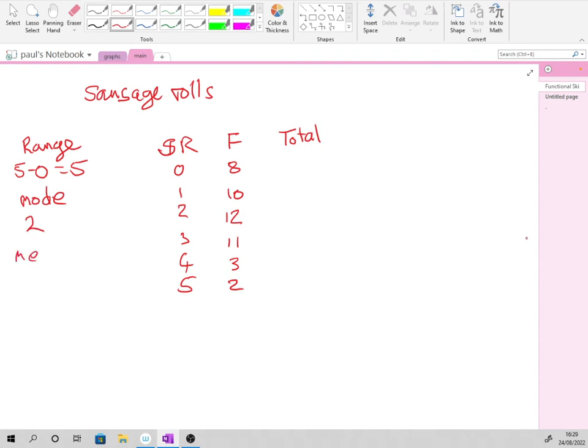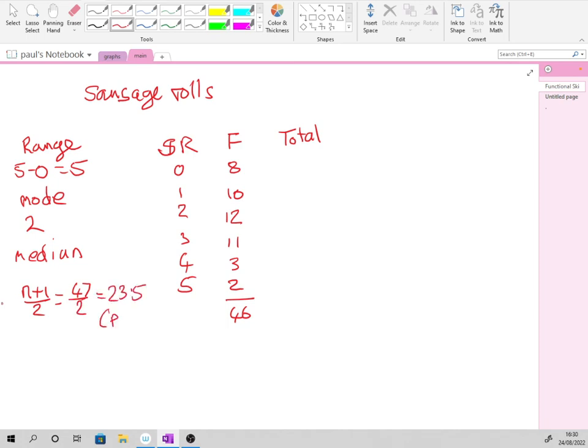The median. Now this is where we add all these up together and find out where the halfway point is. So 8, 18, 30, 41, 44, 46. So the total number of respondents is 46. So n plus 1 over 2 equals 47 over 2, which is 23.5.